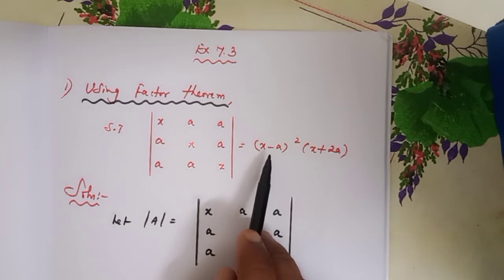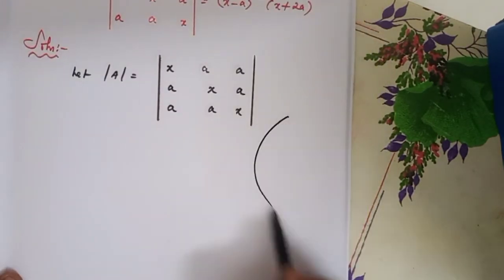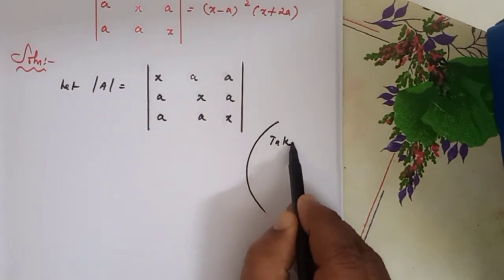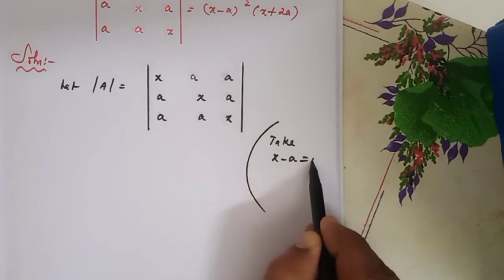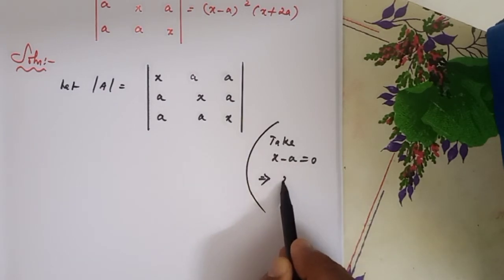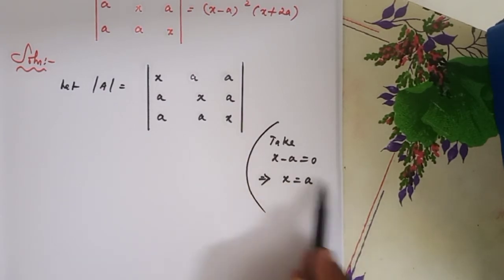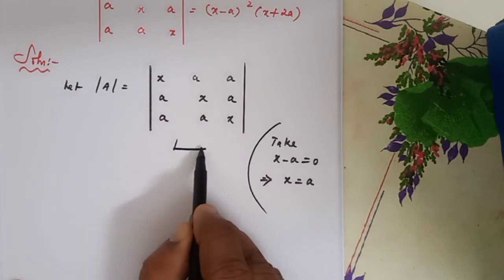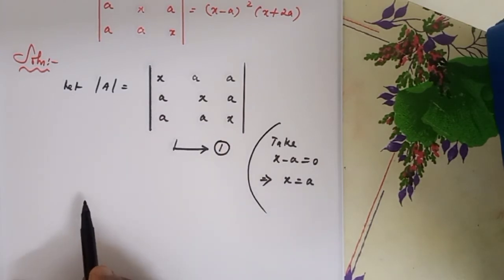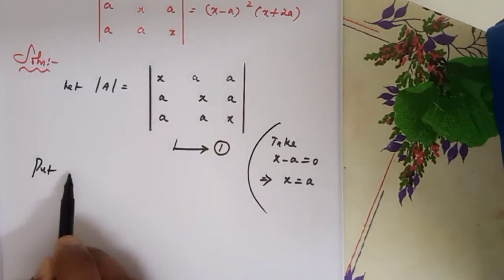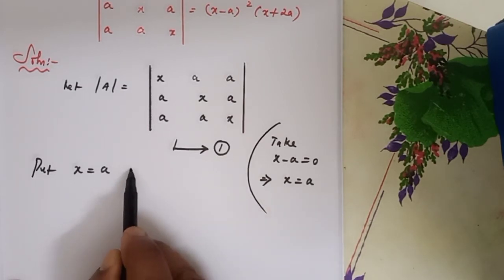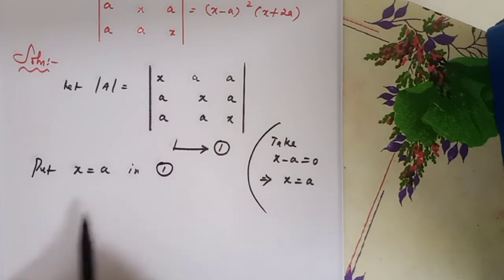Consider it as 0. Take x minus a equal to 0, which implies x is equal to a. Minus a comes to the right hand side, plus a. Let it be number 1. Put x equal to a. Put x equals a in equation number 1.